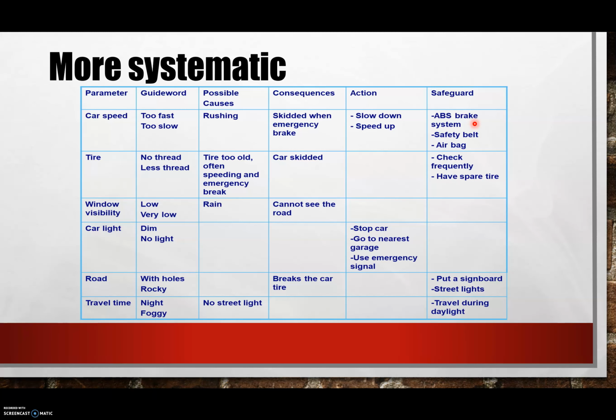Some manufacturers try to reduce the impact by utilizing materials in their body components. That's the safeguard. So if you want to make some prevention, you need to know what the hazard is and what its consequences are.